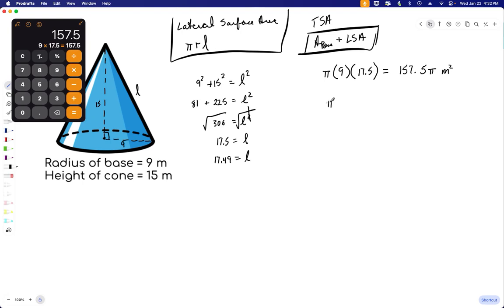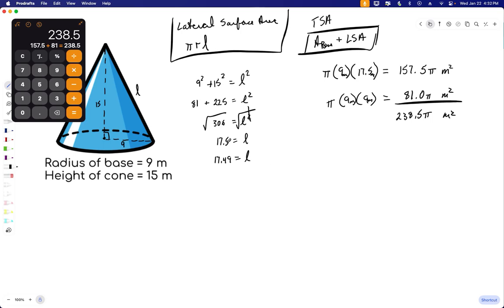So pi r squared, so 9 times 9, and those are both meters, of course. That's going to be 81 pi meters squared. So when we add those together, so plus 81, we get 238.5 times pi meters squared.